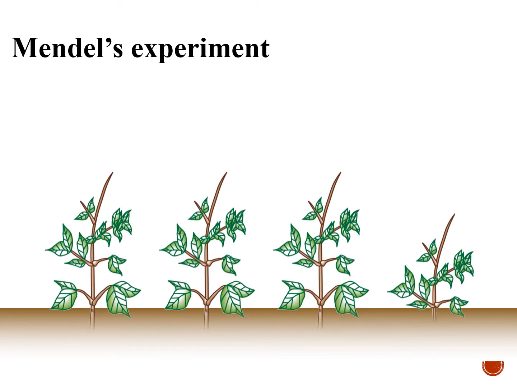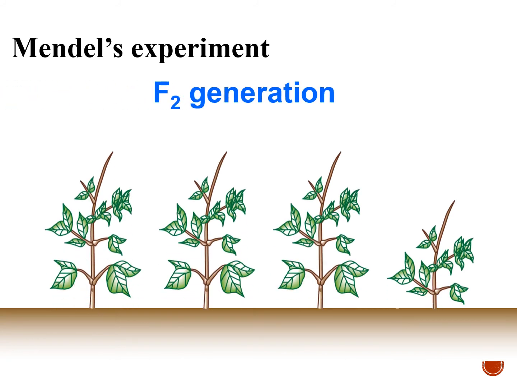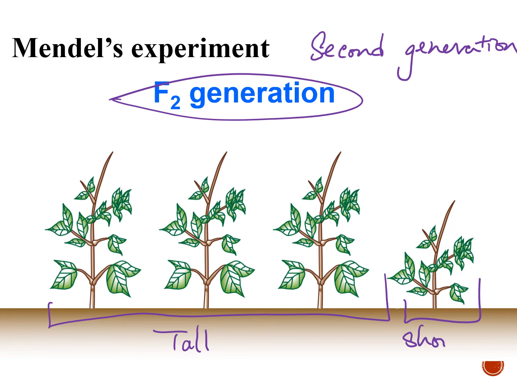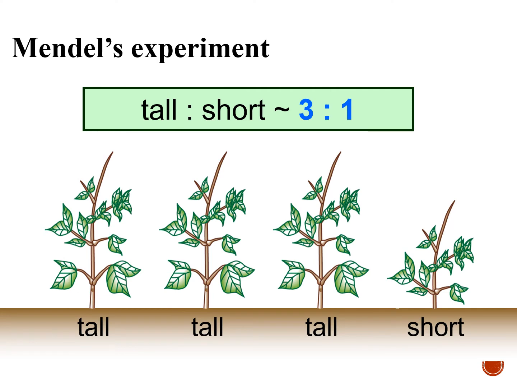To his surprise, after the reproduction, he found that there were actually tall plants and short plants as well. But there is actually a ratio. For the tall plants, he saw a 3:1 ratio, like this.